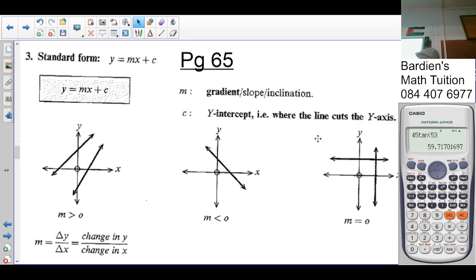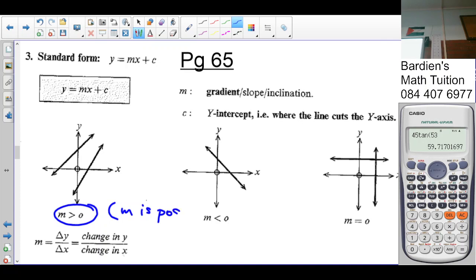You see, here we are told that m is greater than 0. What does that mean if they tell you m is greater than 0? Then you put here in brackets that m is positive. So if m is less than 0, that means m is negative. So these two go together, and these two go together.